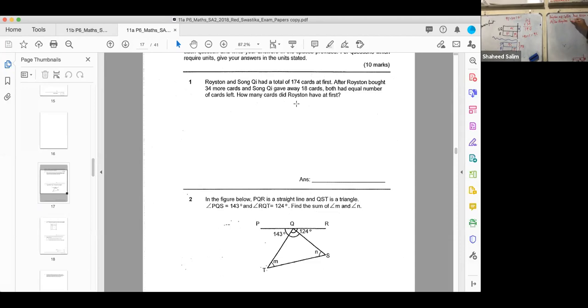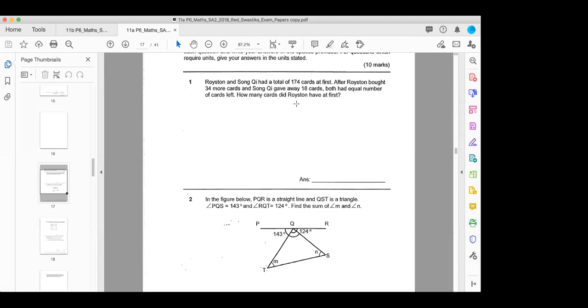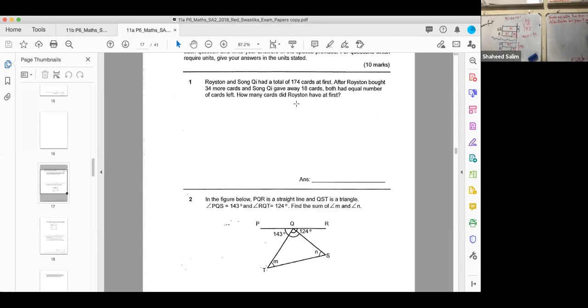Done. My answer is 93. Okay, good. Well done. So 93 is correct. Then the rest get 93, no? What about the other two? Zahira and Shafika, can you get 93?